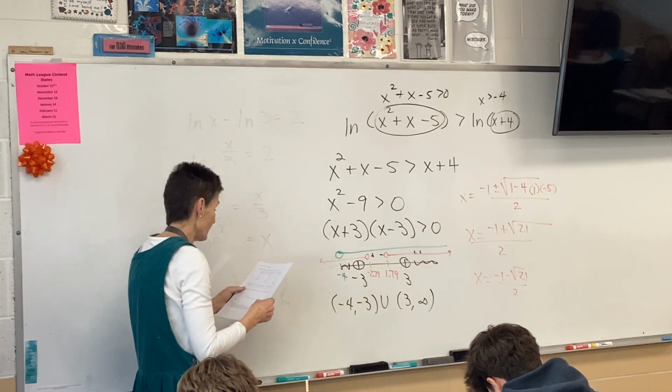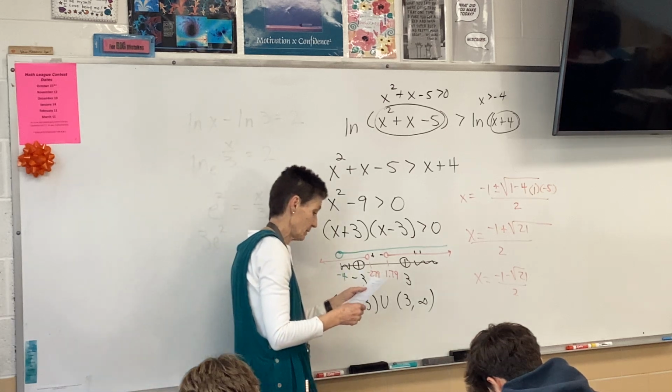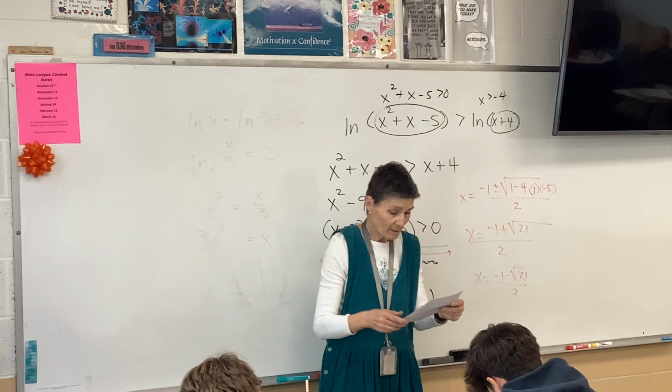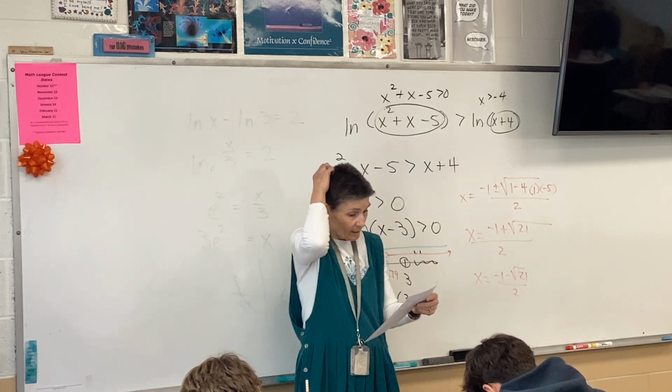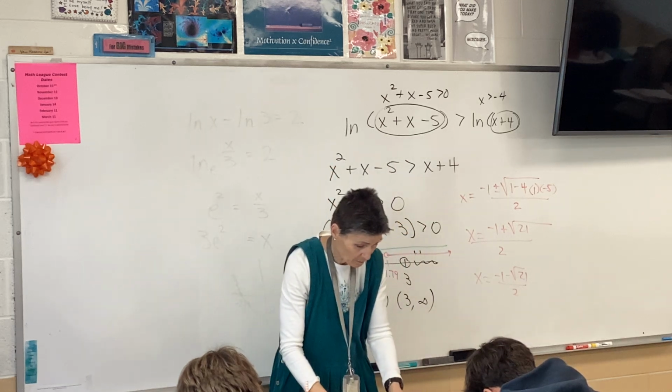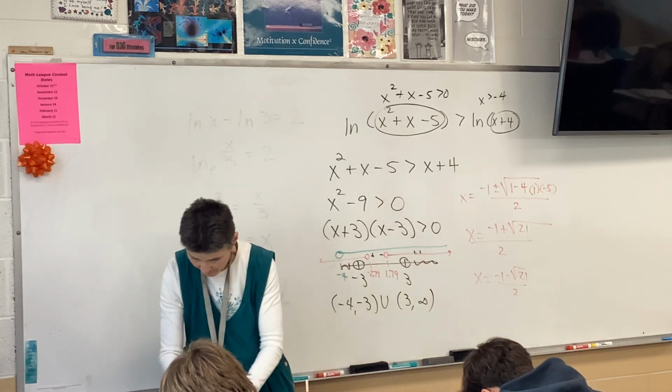Alright, so evaluate the logs in each column without a calculator. Okay, why don't you take a minute and do that with your partner, and then we'll see if you get the right sums.